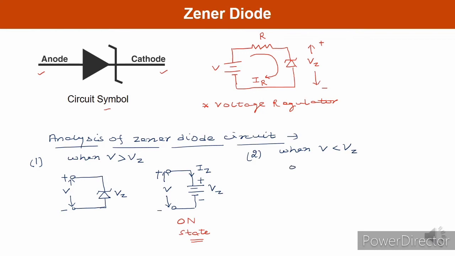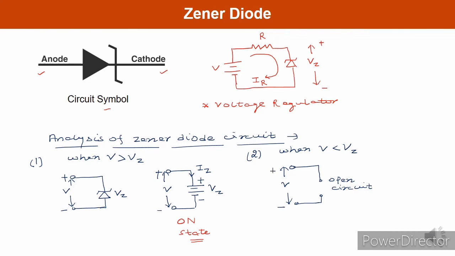How can it be represented? It can be represented as an open circuit. V is the applied potential. Over here, this is negative, this is positive.